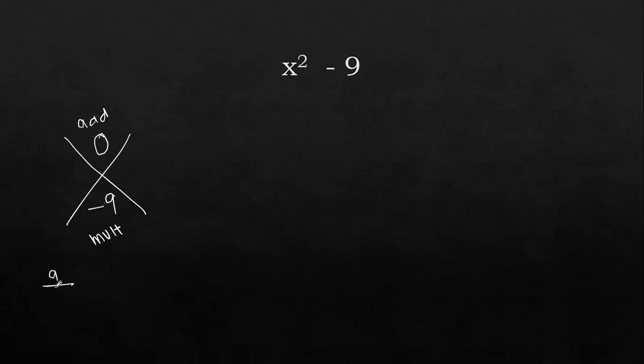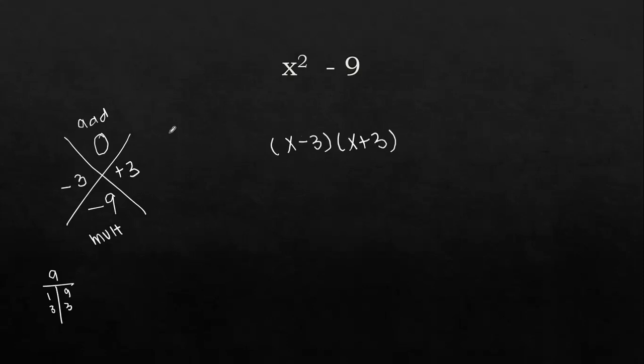Let me write out the factors of 9. 1 and 9, 3 and 3. -3 and +3, right? So my factors would be x minus 3, x plus 3.